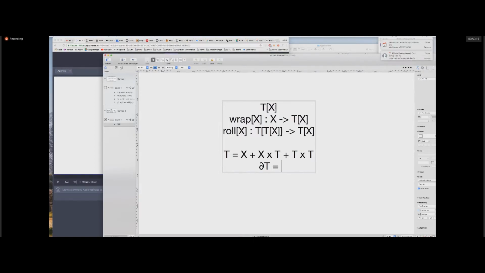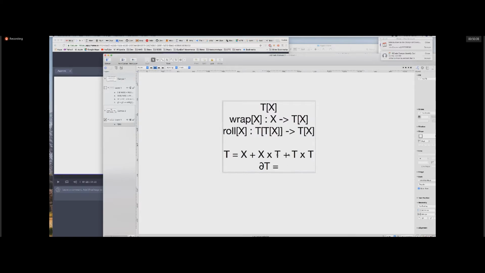And the derivative of a product is just going to be the derivative of one factor times the constant other, right? So the derivative of the second term is just the constant.